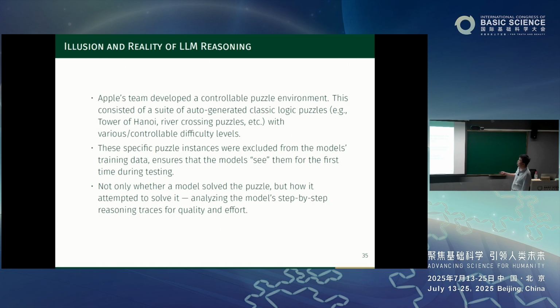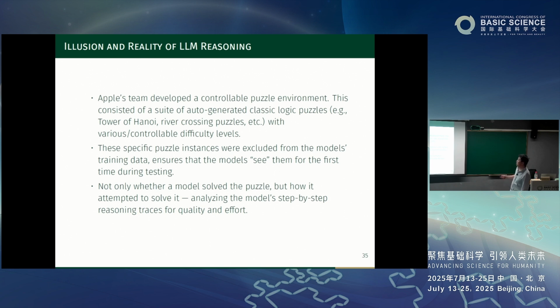This consists of a suite of auto-generated classic logic puzzles, like Tower of Hanoi and river crossing puzzles, with various and controllable difficulty levels. These specific puzzle instances were excluded from the model's training data, because models always memorize, right? They don't want the models to cheat by memorizing. So when they do the test, the model sees the data for the first time.